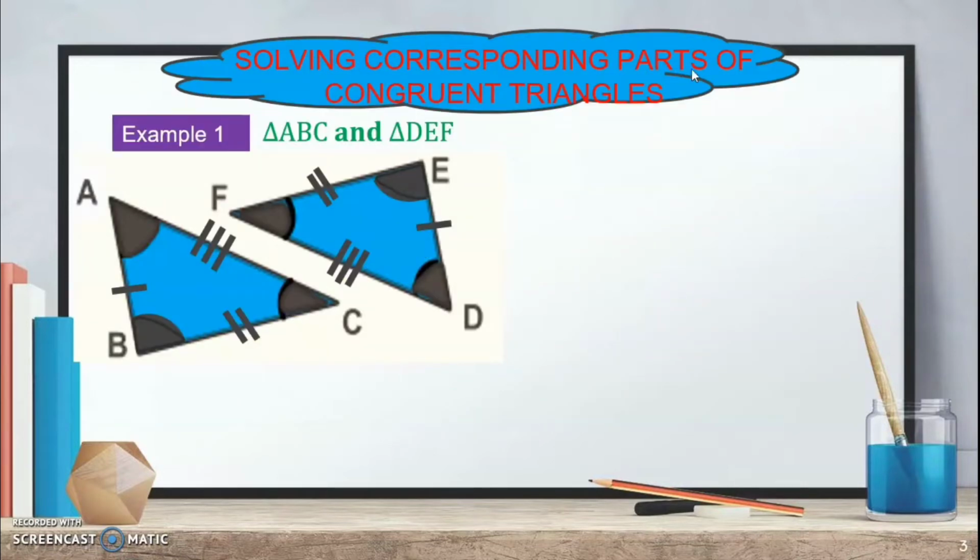So we will solve corresponding parts of congruent triangles. We have example number 1, triangle ABC and triangle DEF.